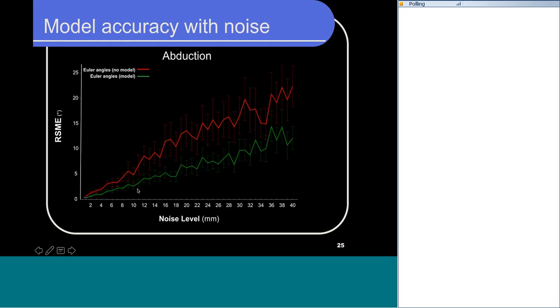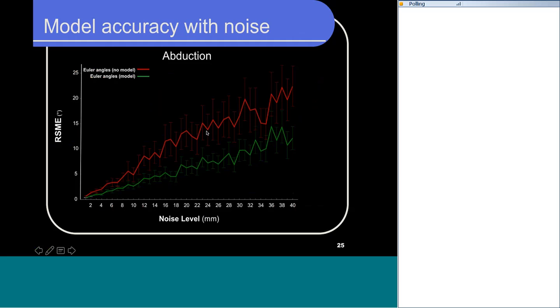In red, the solid red line is the mean of the RMSE error, the error between the fit to the noisy data versus the clean data, so the direct bone pin data. This is the difference between the two solutions. You can see as we add noise, the difference between the two solutions increases.